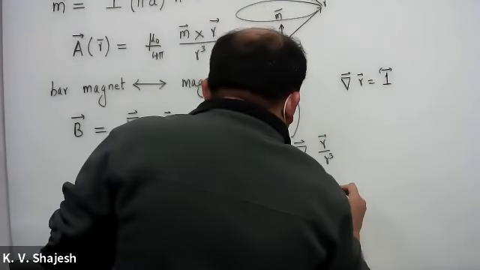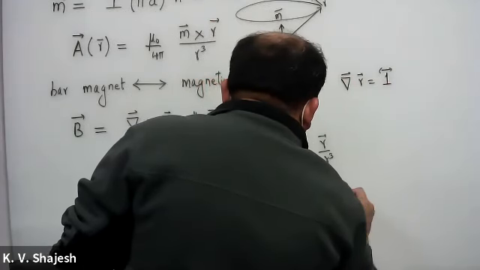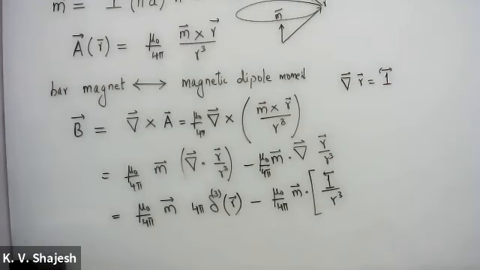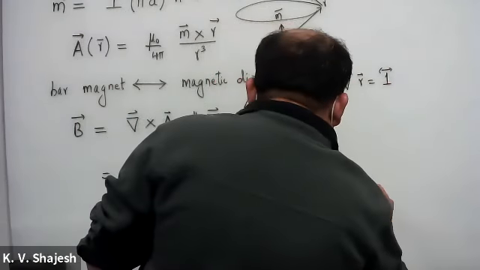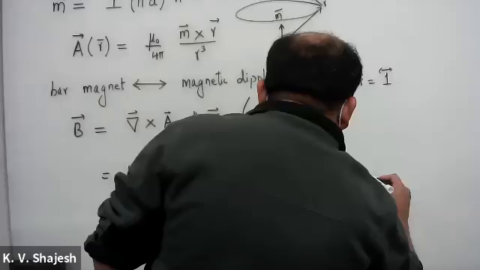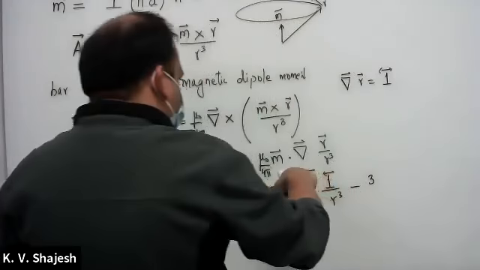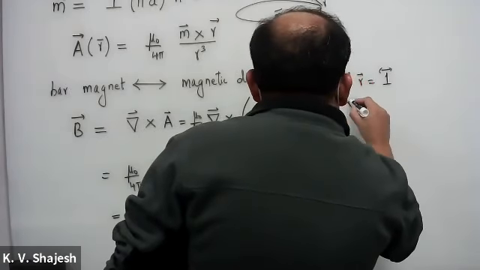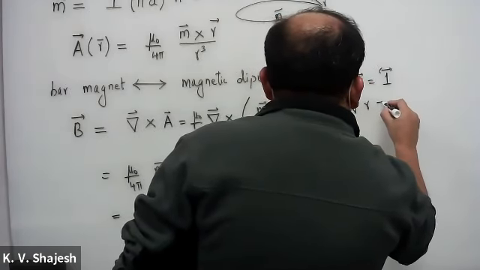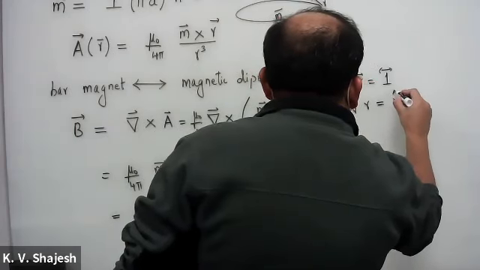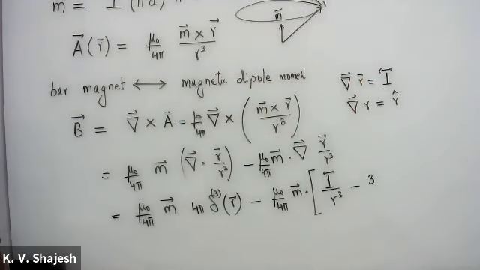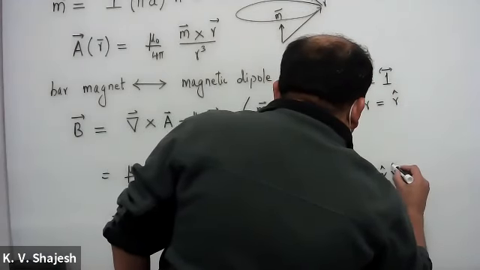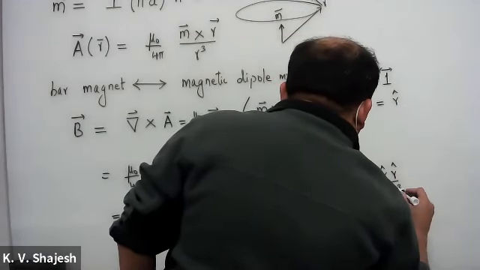So you get 1, the unit dyadic over R cubed, that's the numerator. When it acts on the denominator, I get a minus 3, right? Minus 3 over R raised to 4, and I also use the fact that gradient of the magnitude of R is just R hat, and I can write this as 3 R hat over R cubed.